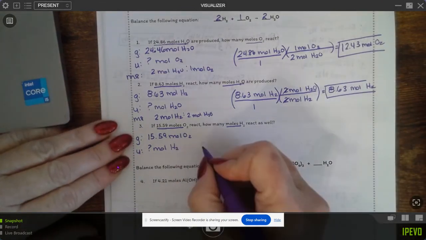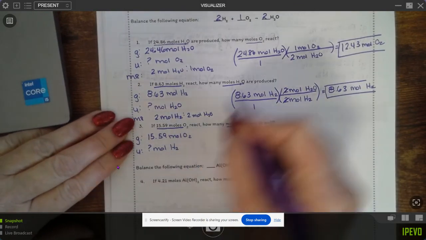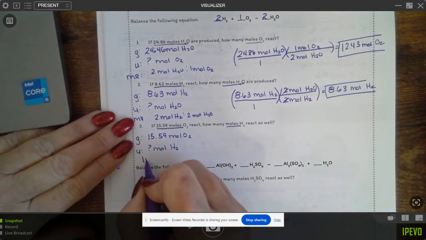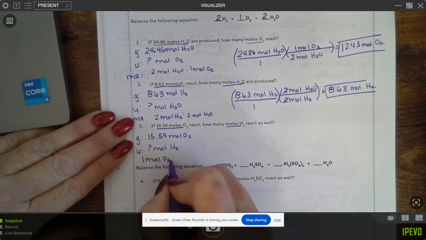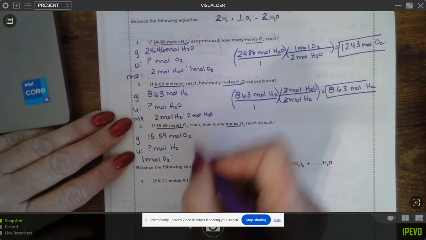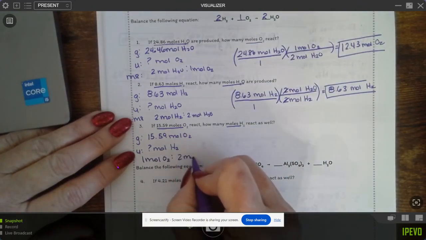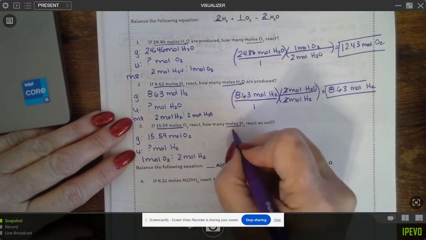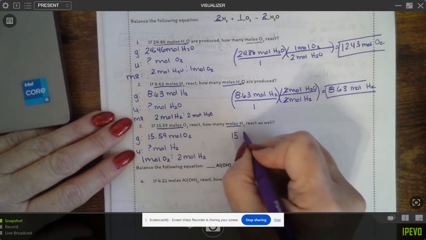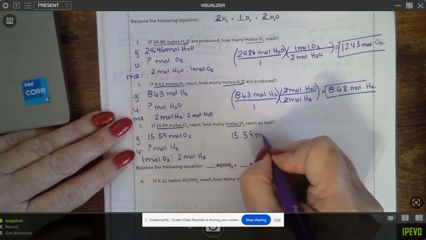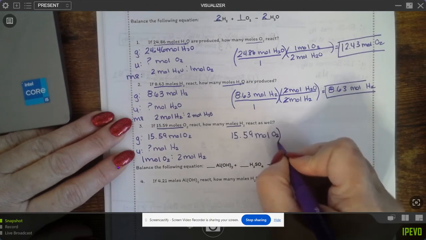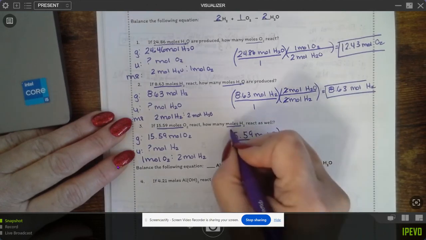So our mole ratio here would be 1 mole of O2 to 2 moles of H2. All right, so 15.59 moles of O2 over 1.